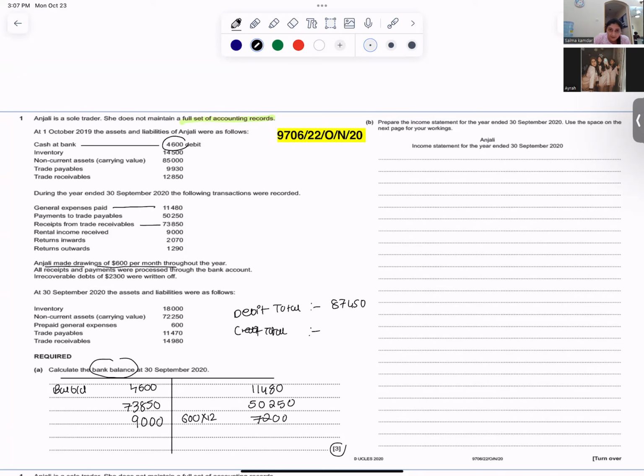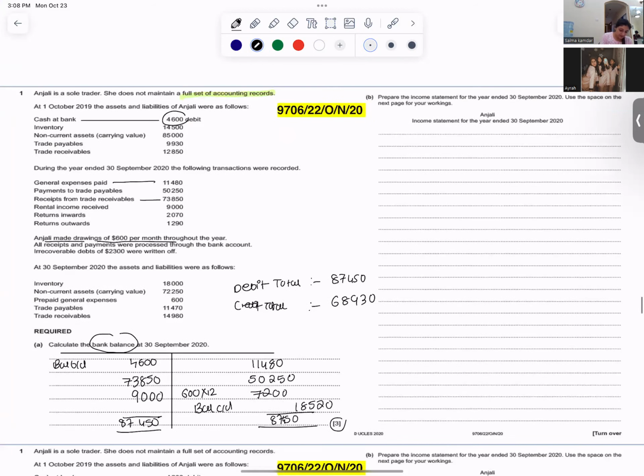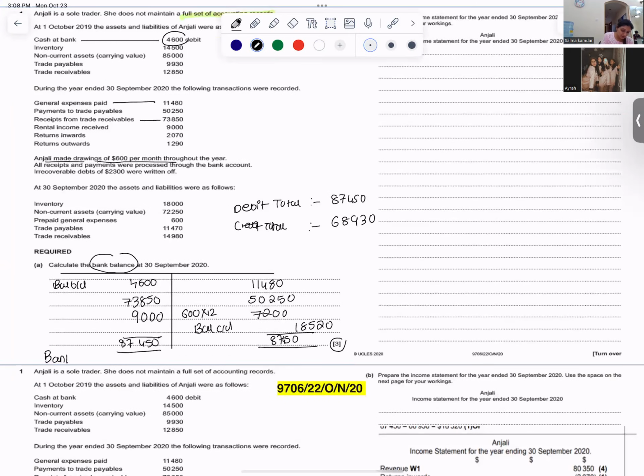I want the credit total. Total 68,930. Yeah, 68,950. That means the debit total is more. So what is the difference? Balance closed down 18,520. So the bank balance is how much? 18,520.